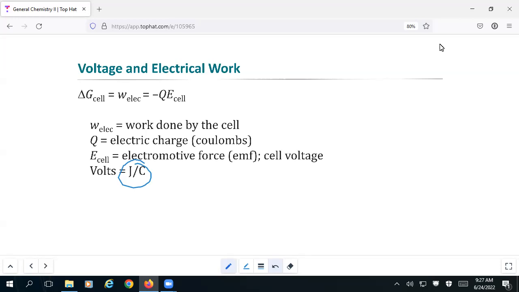So if we are going to get a spontaneous response from delta G, we have to add that negative term, because spontaneous processes would be positive for both of those terms. So we have to take the opposite of them, which also means that if we have a non-spontaneous reaction cell, a negative E, that would also give us a positive delta G, which is exactly what we would expect.